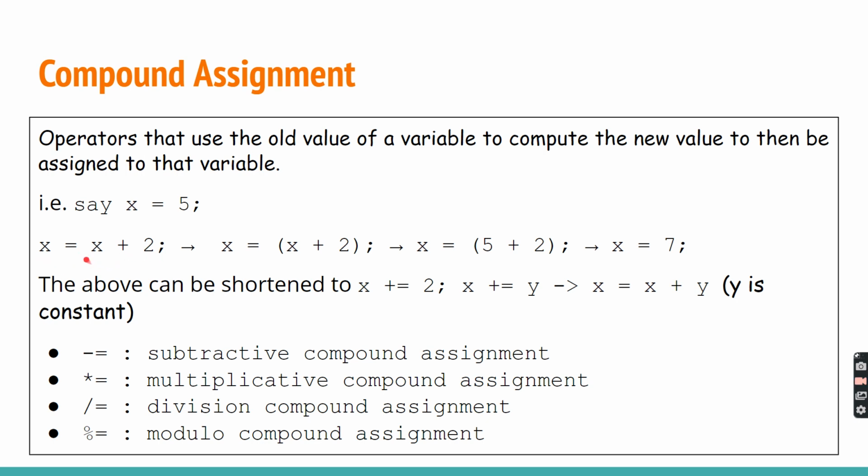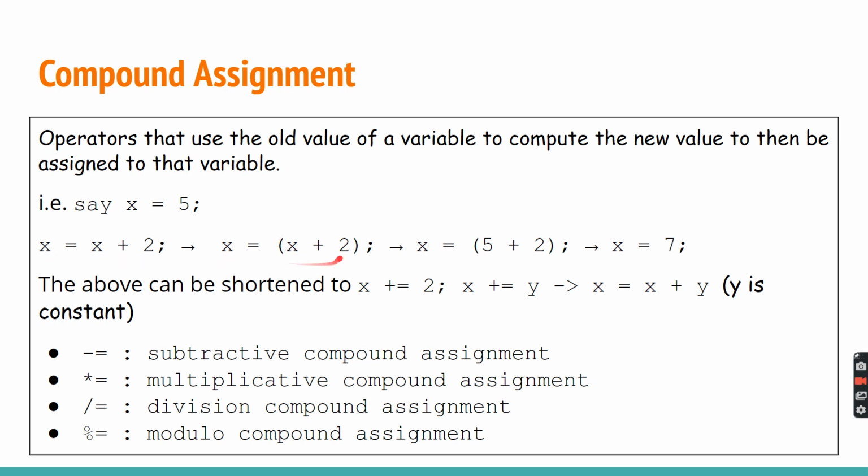On the right hand side we have this addition expression, and on the left hand side just the variable x. Because addition has a higher precedence than the assignment operator, which we've seen before, we evaluate the right hand side first, and whatever the result of this addition is will then be assigned to x.